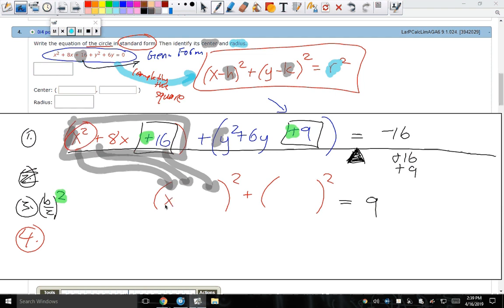X. What's the square root of 16? 4. Borrow this sign, x plus 4 squared is your piece. Over here, it's going to be y. What would this be? 3. And borrow the first sign, y plus 3 squared is equal to 9.